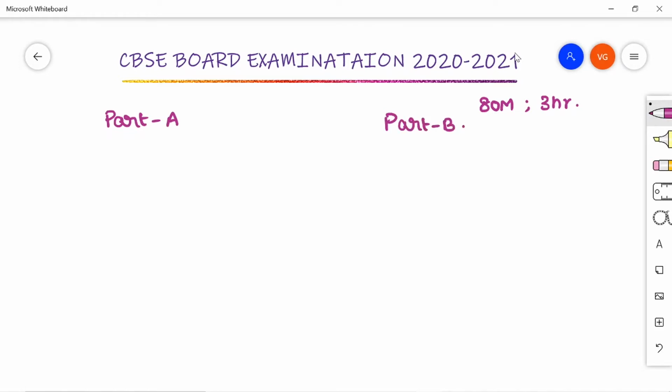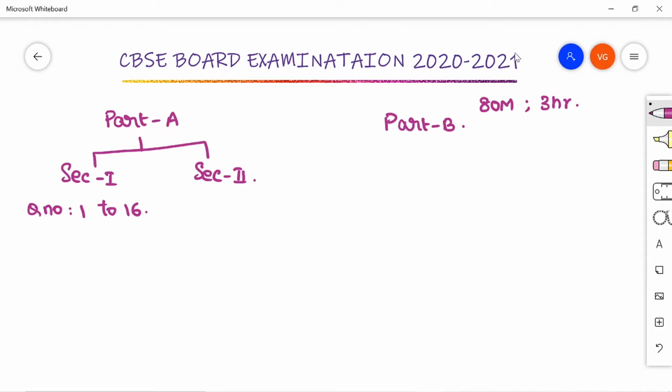Part A again has two sections, section 1 and section 2. Both section 1 and section 2 questions are 1 markers. Coming to section 1, it has question number 1 to 16. All are 1 mark questions. But here you have 5 internal choice questions provided.